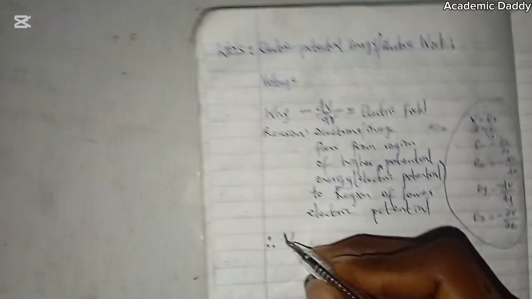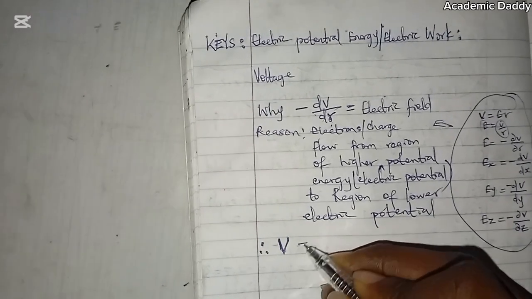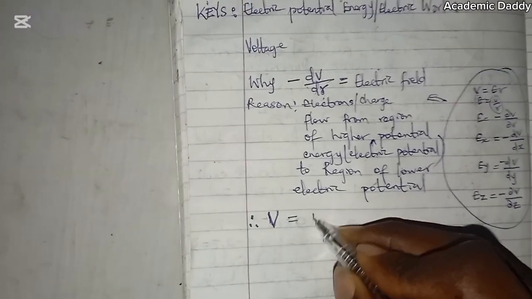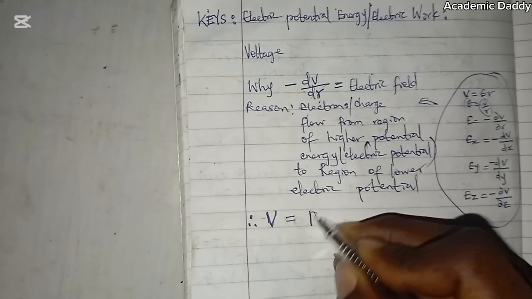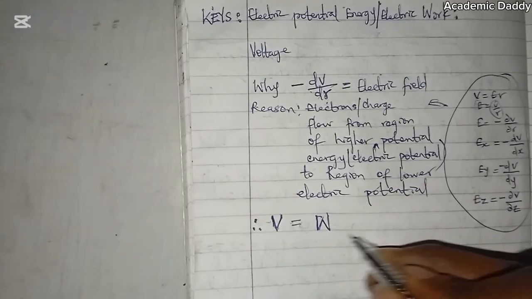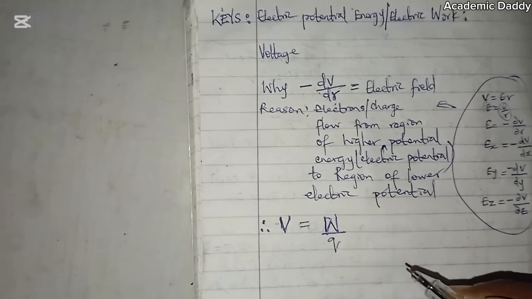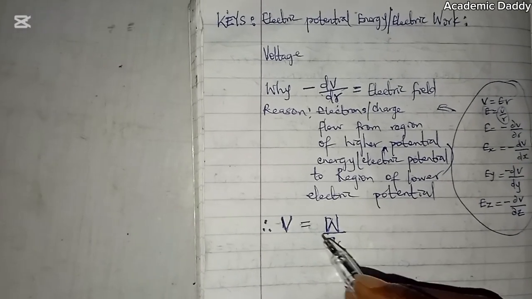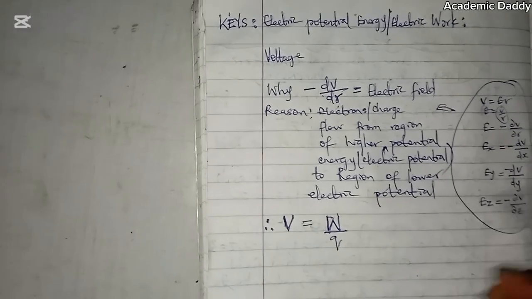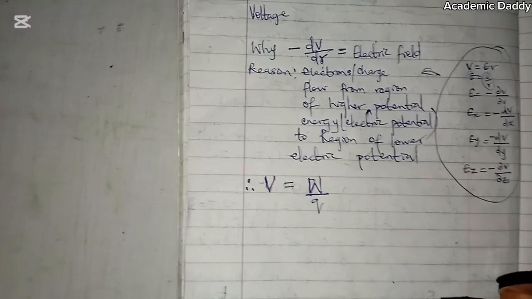So electric potential V is equal to the work done in moving a unit positive charge from one point to the other. So that is work done over Q. This is the formula from the definition.